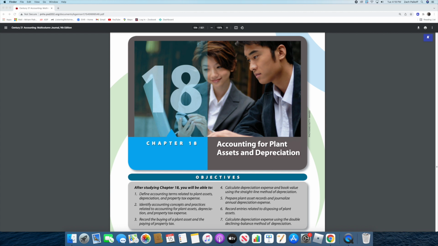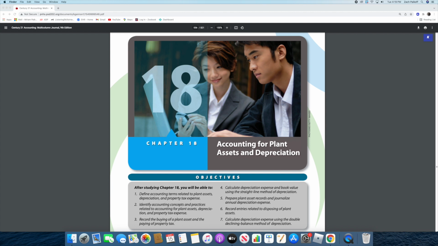In addition to that, we will also be learning about how to define accounting terms related to plant assets, depreciation, and property tax expense, identify accounting concepts and practices related to accounting for plant assets, depreciation, and property tax expense, record the buying of a plant asset and the paying of property tax, calculate depreciation expense and book value using the straight line method of depreciation, prepare plant asset records and journalize annual depreciation expense, record entries related to disposing of plant assets, and finally, calculate depreciation expense using the double declining balance method of depreciation.